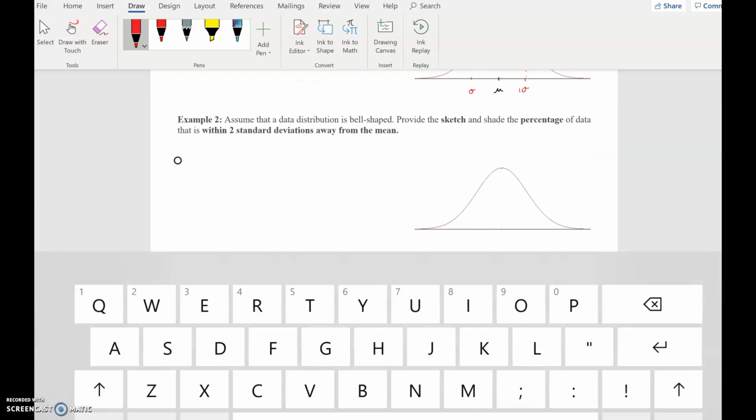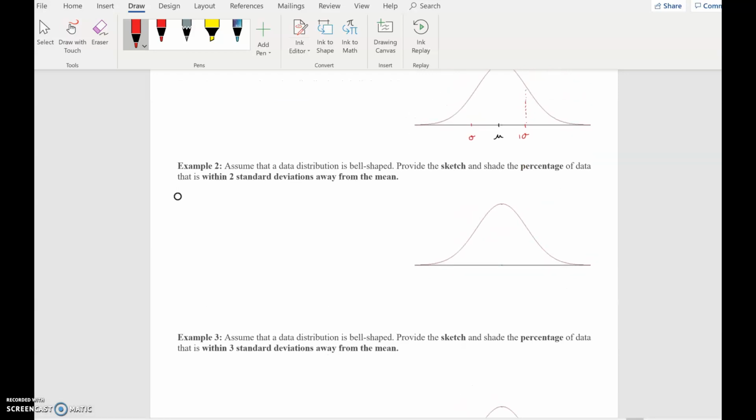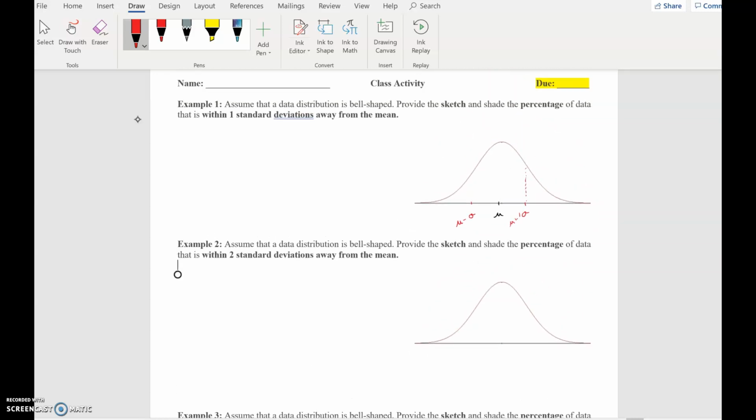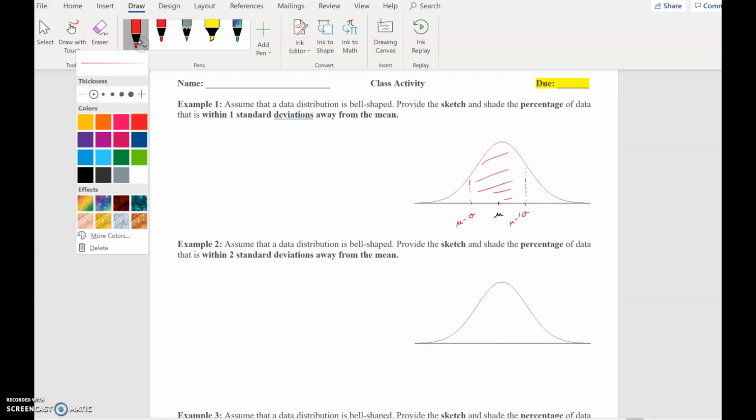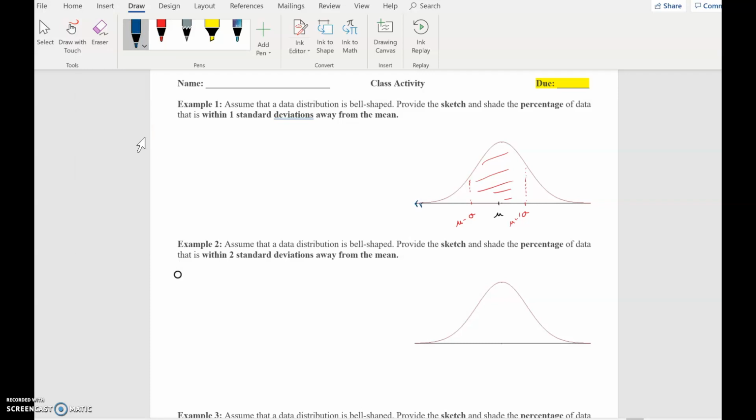So let me rewrite it as mu plus sigma and mu minus sigma. The part that they want us to shade is just this portion here, since that is referring to 1 standard deviation above and below the mean.